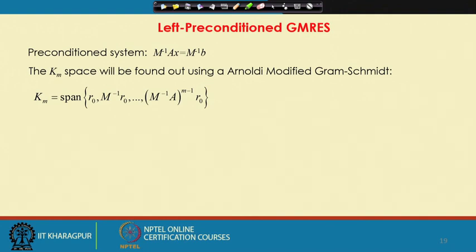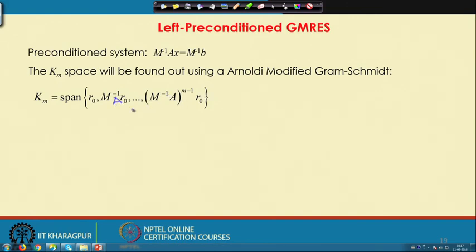inverse b. For GMRES, as we have to evaluate the basis vectors of the Krylov subspace K m, we will find out the Krylov subspace for r naught, M inverse A r naught, and so on.